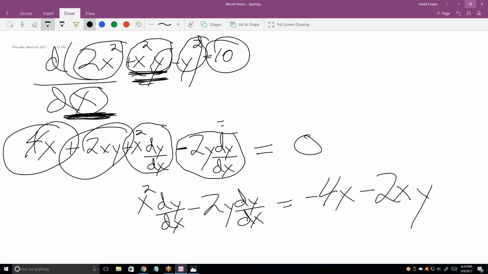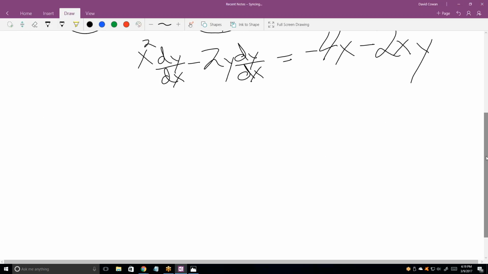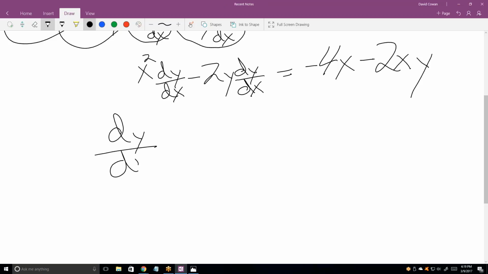Okay? Now, this is the hard part, the part that people have a hard time seeing. Trying to solve for dy dx, what can I do? Factor dy dx out of both terms on the left. And that's the key. There's always a factoring involved here. What's left over is x squared minus 2.